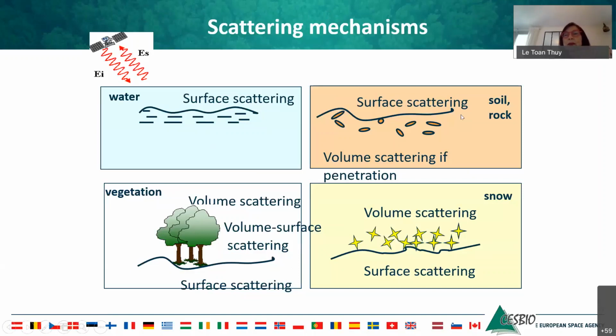Here, where you have soil or rock, you have some penetration, and if you have some penetration, then you can have volume scattering.